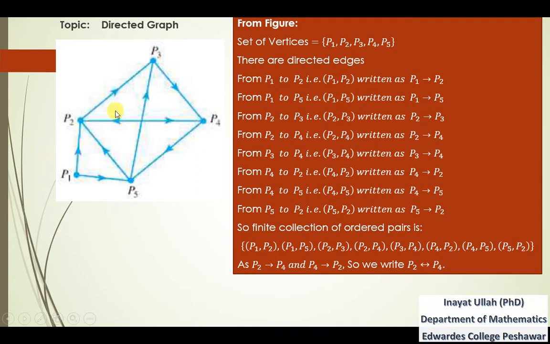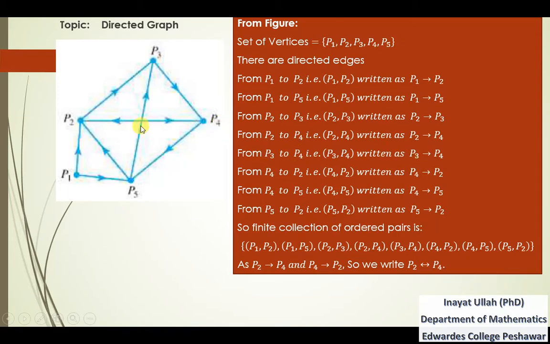And this is from p2 to p4, which can be written as (p2, p4), and in arrow form as p2 → p4. Similarly, from p3 to p4 is the edge, which can be written in ordered pair form just like that, and in arrow form just like that.